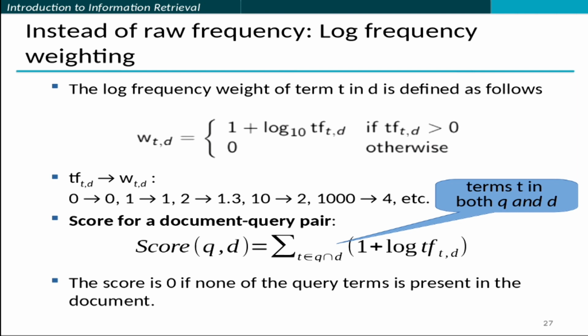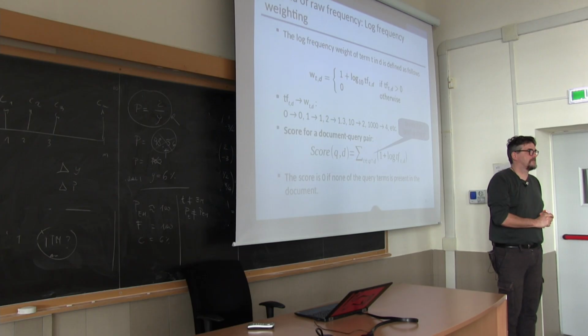So, if the term appears in the document, we have a value. If it doesn't, the weight is 0. And this value is proportional to the logarithm of the occurrences of the term in the document. Is the reason clear?